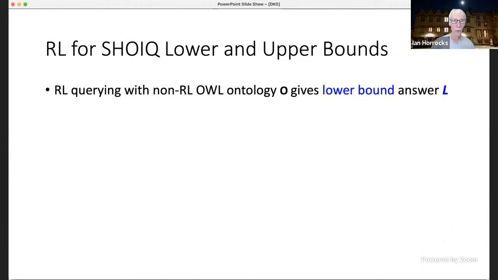And I can even do reasoning for the full OWL language by using this kind of lower and upper bound technique. So if actually I just throw away all the non-RL axioms from my ontology, and I do a query answer over that, that gives me a lower bound. So all those answers are good answers, but I may have missed some answers. I'm obviously incomplete.